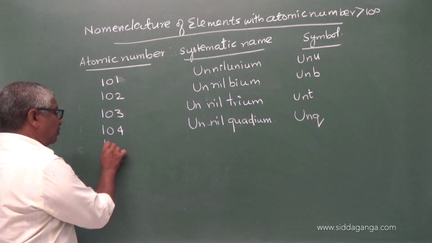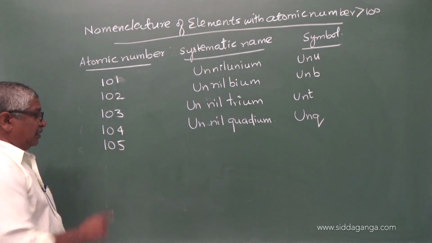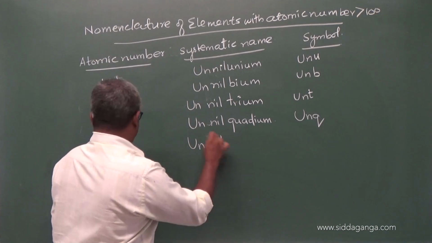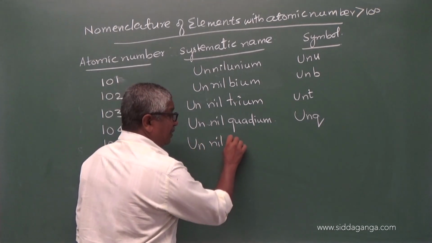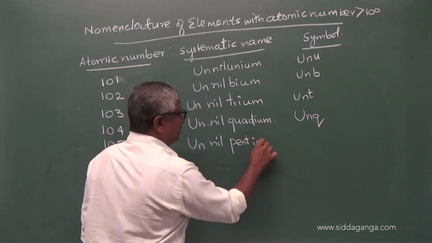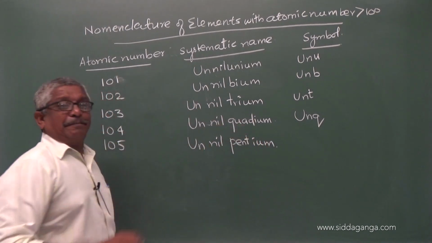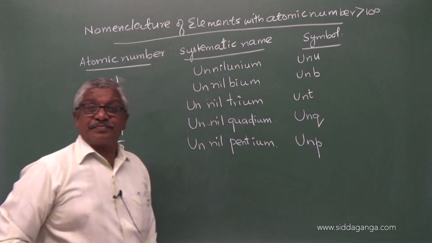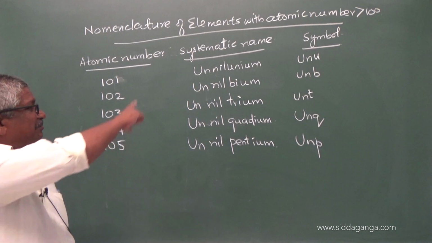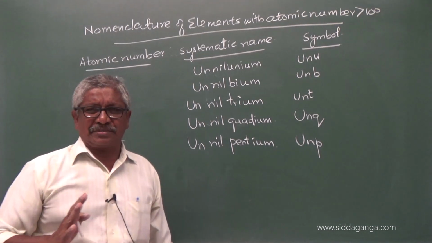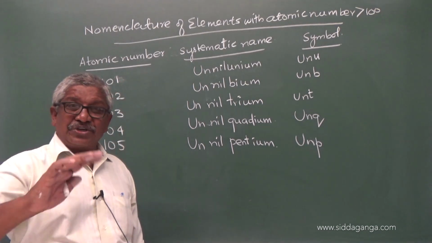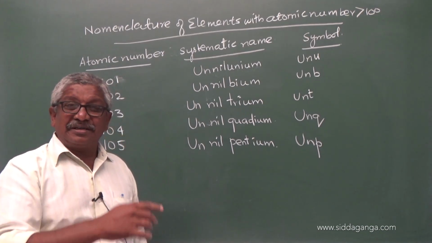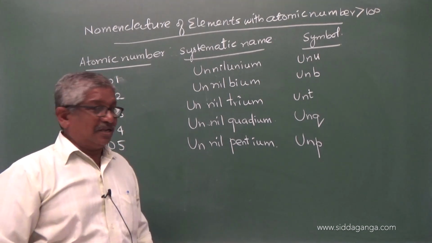Next it is 105: 1 is un, 0 is nil, then 5 is pent, then IUM: unnilpentium, UNP. I think after these five names, you have got the idea now. You can give the names for the remaining elements by using the Latin words.